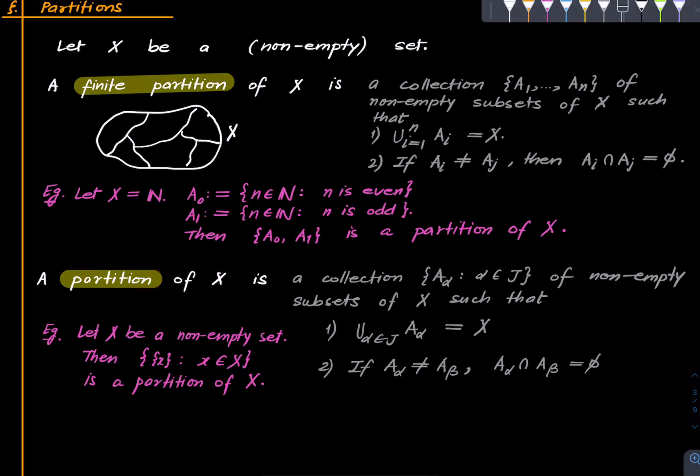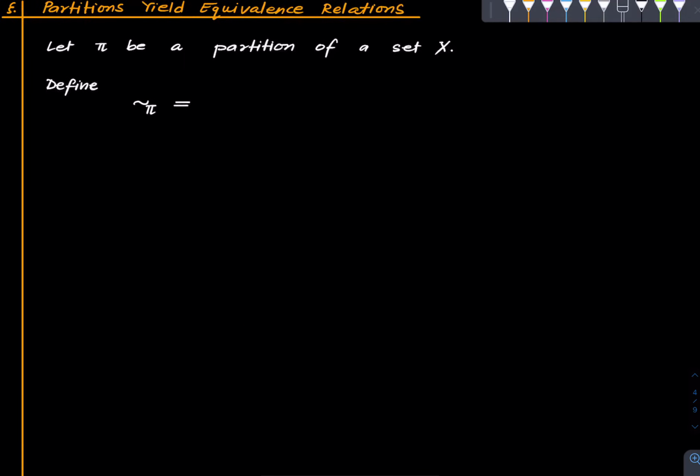And now let us see how partitions are related with equivalence relations. Suppose we have a partition pi. Generally partitions are denoted by pi or tau, etc. So suppose pi is a partition of a non-empty set X. Then we define a relation, which I will discuss pictorially, but let me first write the formal description.